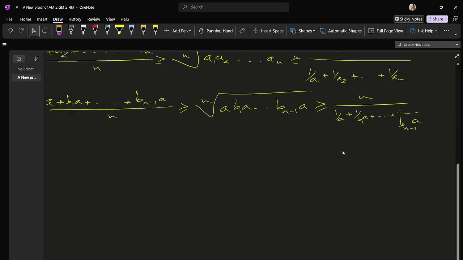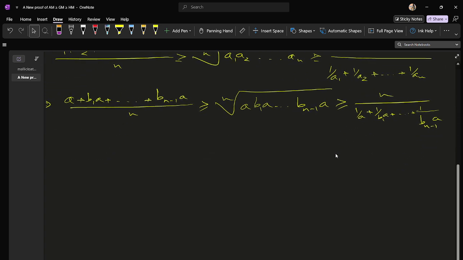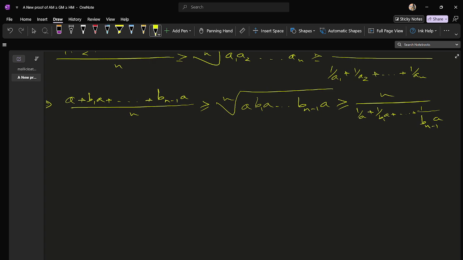So a will be common in all three things. How could we get our a? We can easily see that a will come outside, and the remaining part will remain here. So a to the power n inside the nth root, so a will come outside.